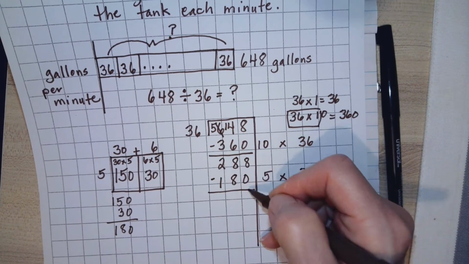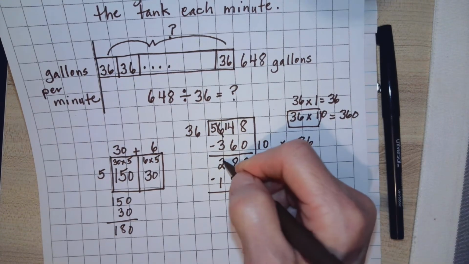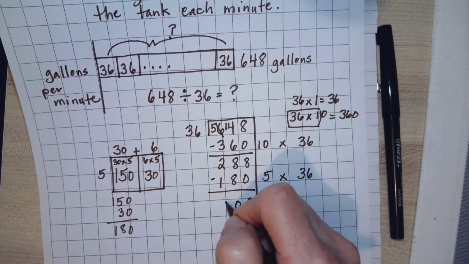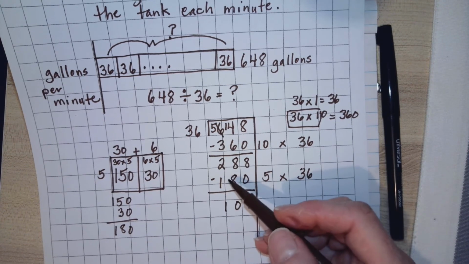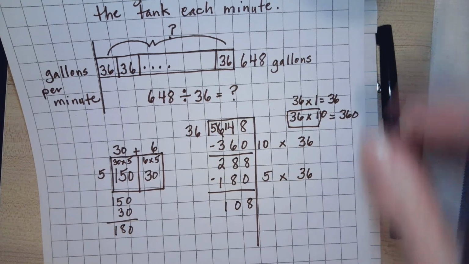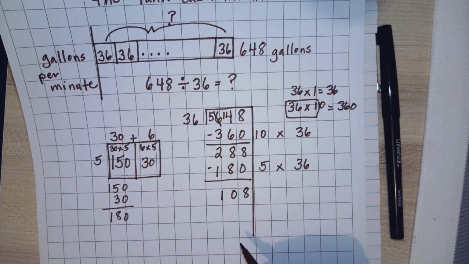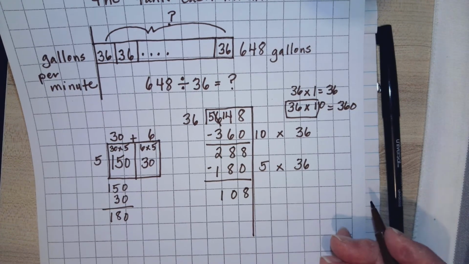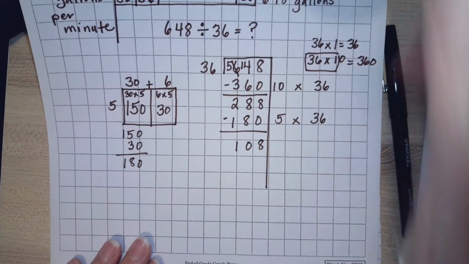Okay, so I subtract. 8 minus 0 is 8. 8 minus 8 is 0. 2 minus 1 is 1. Alright, so I know that 5 times 36 is 180. I'm thinking, why don't I try 36 times 3? So I have all this room here.